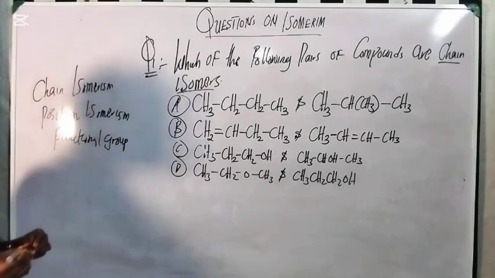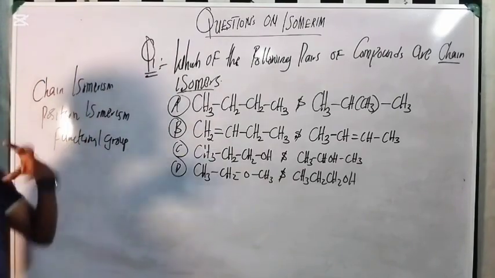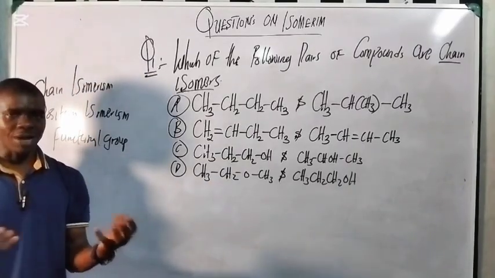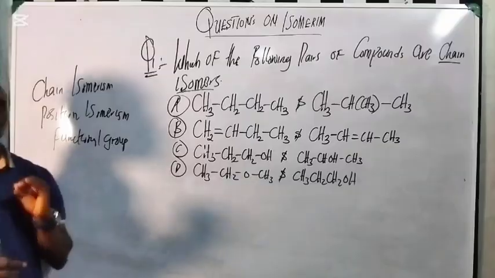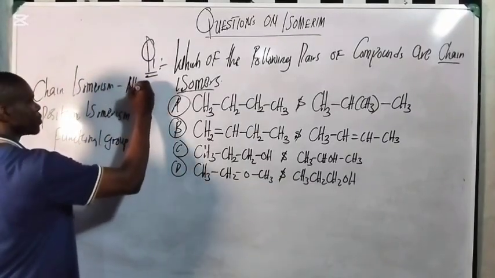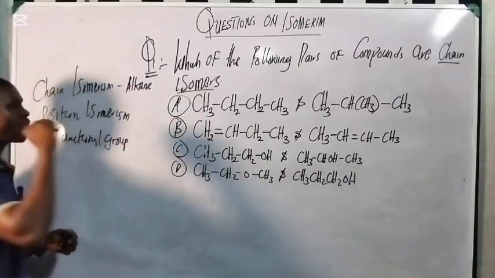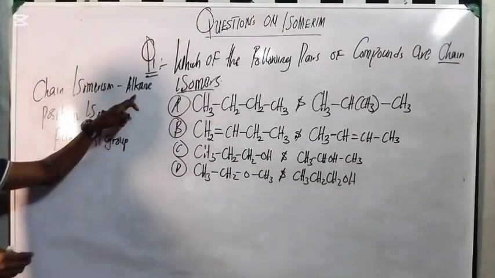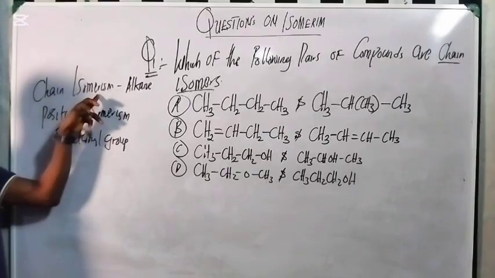What is chain isomerism here? Chain isomers only differ in the arrangement of atoms along the chain. It does not have any specific functional group. An example is the alkane.